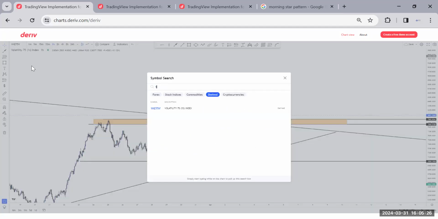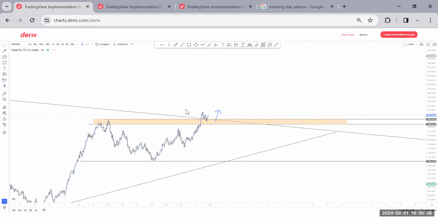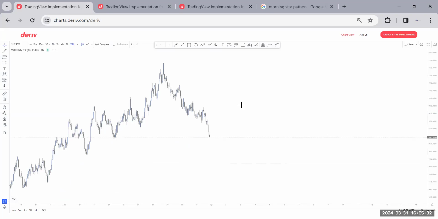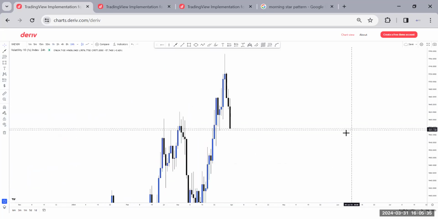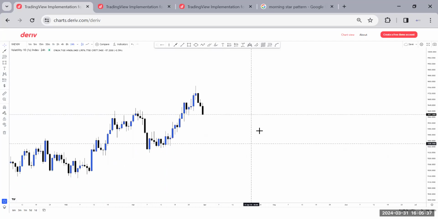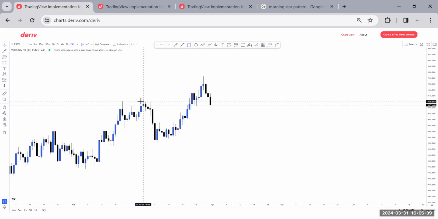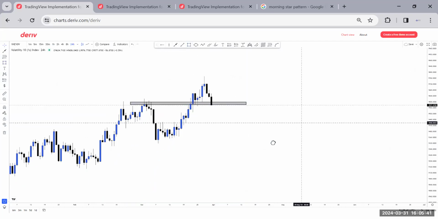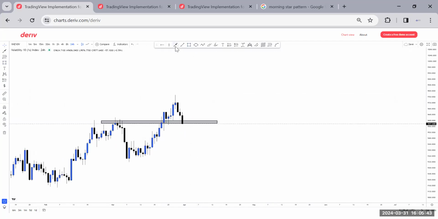And now this other asset, last week, there was a nice breakout here on the 24-hour, and it came for a retest.